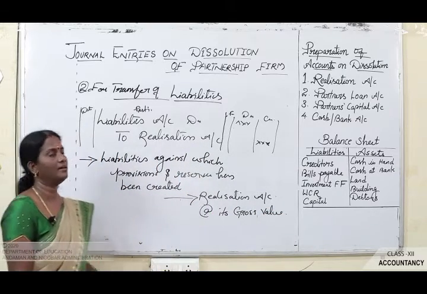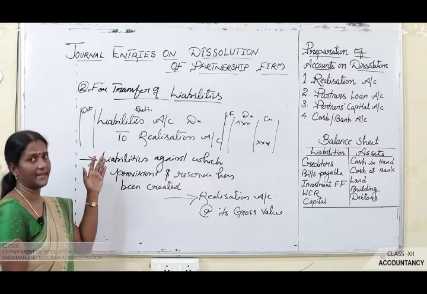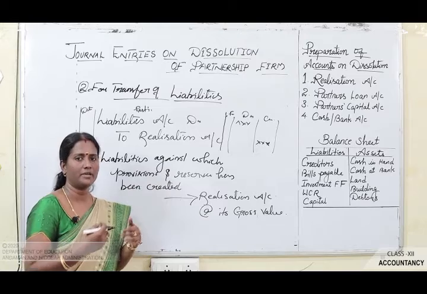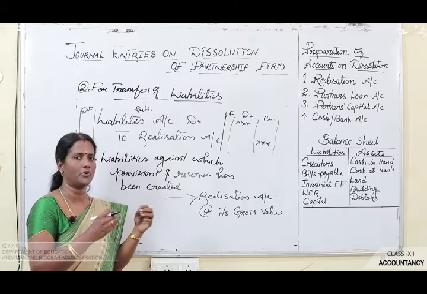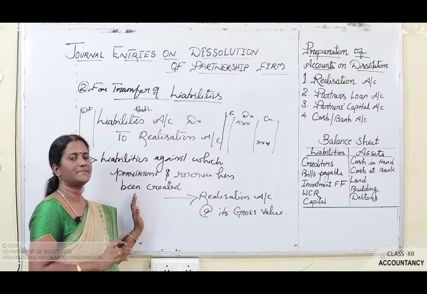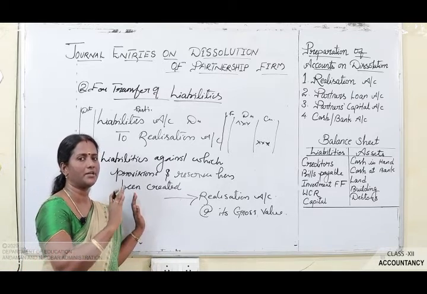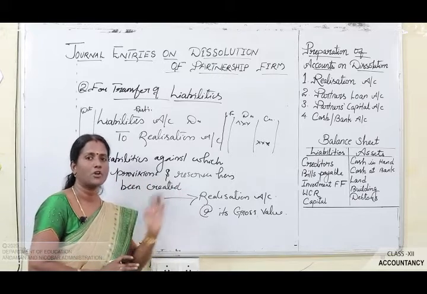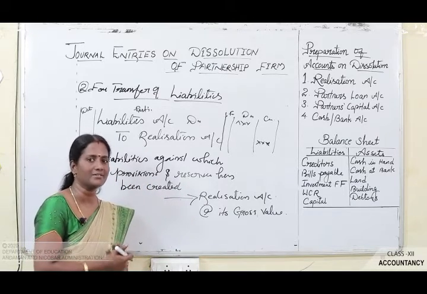As I told in the asset side, like debtors, I told if provision for doubtful debts is there, you have to take the gross amount only, you should not take the net amount. Okay, with liabilities provisions will be there and you should not deduct the provision amount, you have to take the gross amount and you have to transfer the gross amount to the realization account credit side.